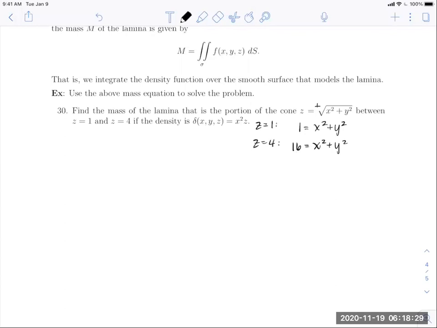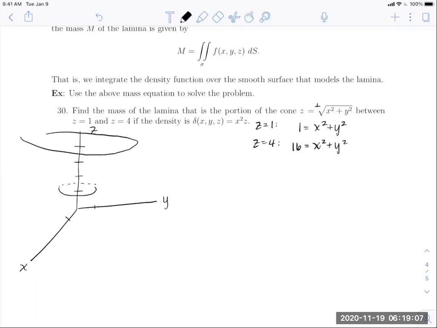So let's go ahead and just sketch this cone so that we can see what we're working with. So here's z equals 1, 2, 3, 4. And at z equals 1, I want a circle of radius 1. And at z equals 4, I want a circle of radius 4. I'm just going to eyeball it here. And then connect those traces.